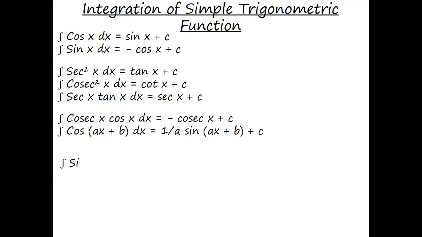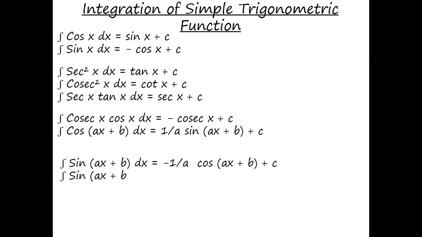Also, whenever you integrate sin of (ax plus b) dx, it ought to give you negative 1 over a cos of (ax plus b) plus c. So that was just a recap.